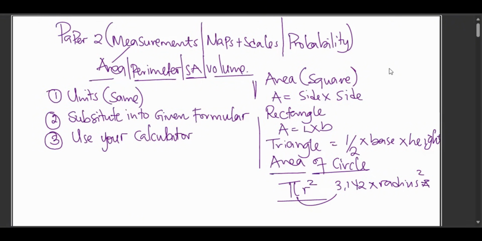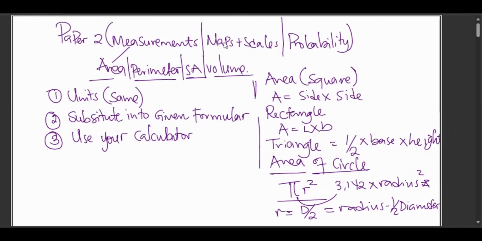How do we get the radius if it's not given? They would have given you the diameter, and you divide the diameter by 2 and you get your radius. Radius is half the diameter. Please remember the formulas.